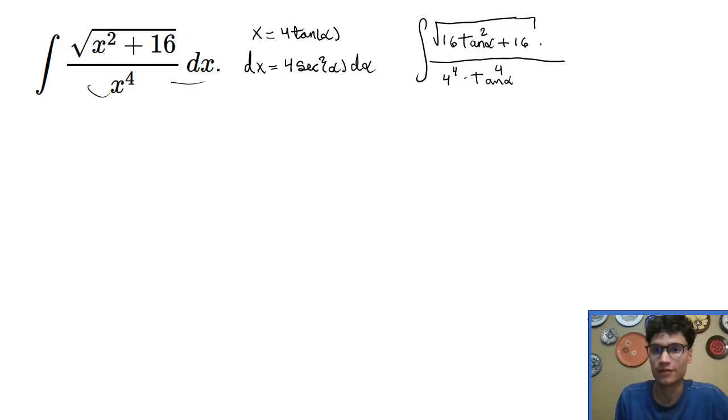We can't forget this, it's really important. So we have 4 times the secant squared of alpha times d alpha.